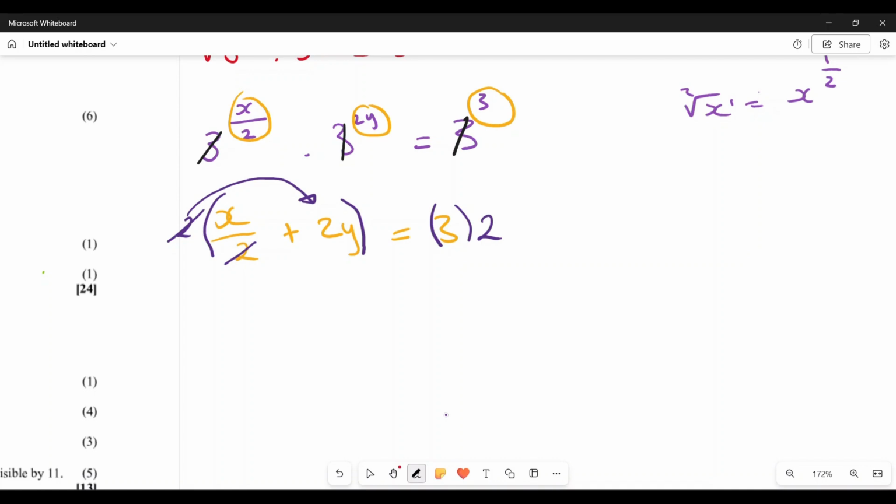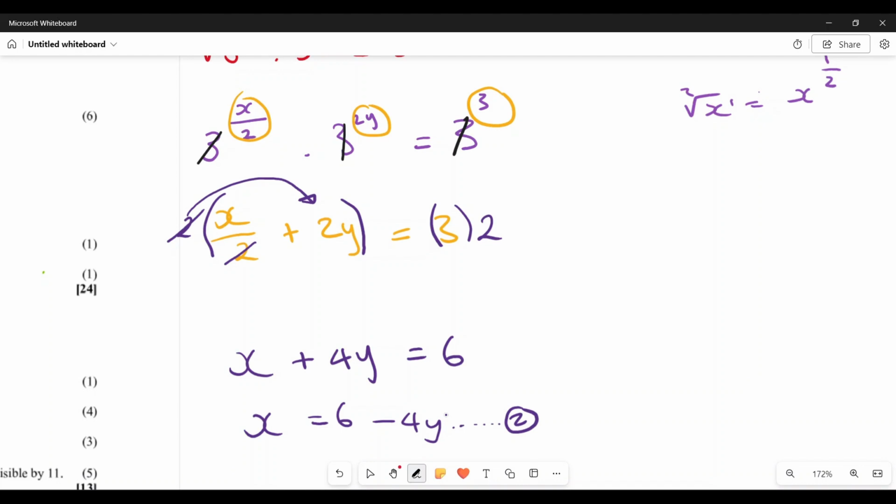As a result, this side is left with x plus 4y, and on the other side, you have 6. To simplify this, x equals 6 minus 4y. Now, this is my equation 2. So I have simplified the second equation.